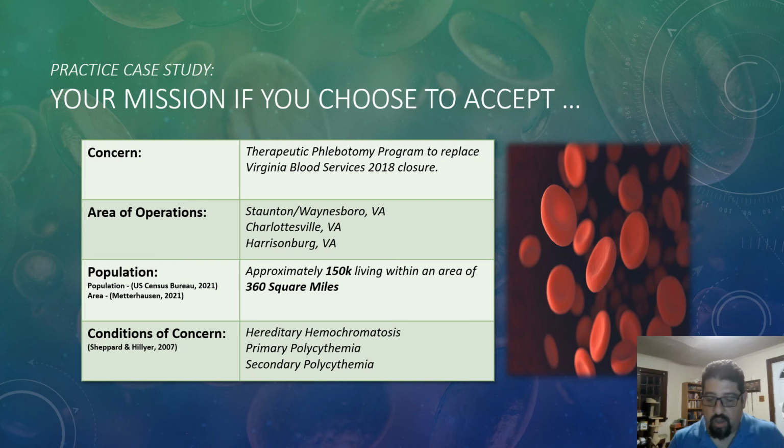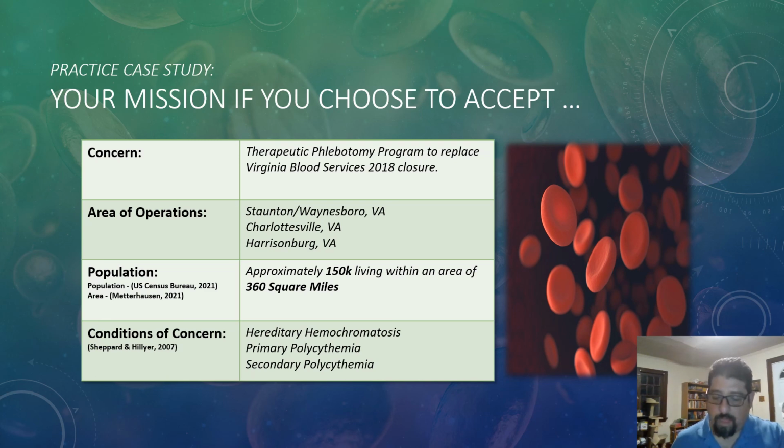It shows up in certain demographics and doesn't show up in others. Primary polycythemia is often due to environmental concerns, and it could be a precursor for some types of cancer. We'll go more into it in a moment. And secondary polycythemia is often due to medication therapies that one might be undergoing.